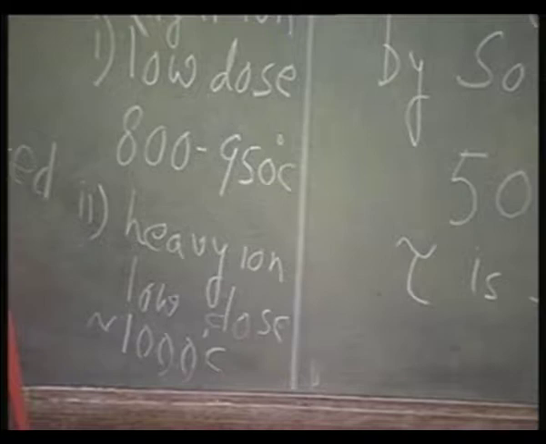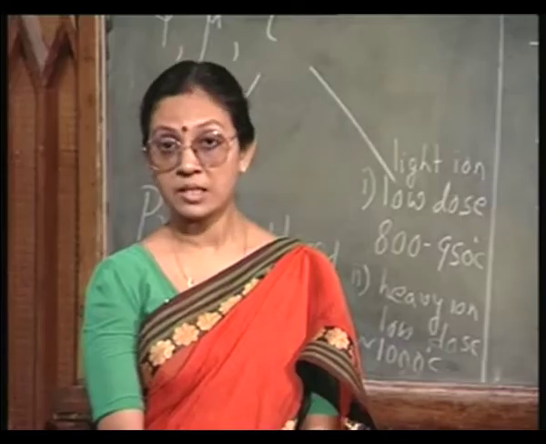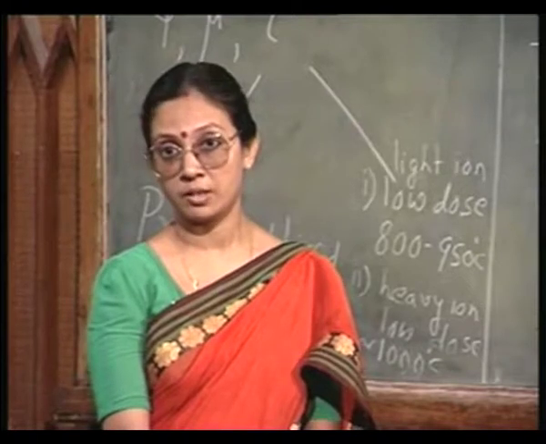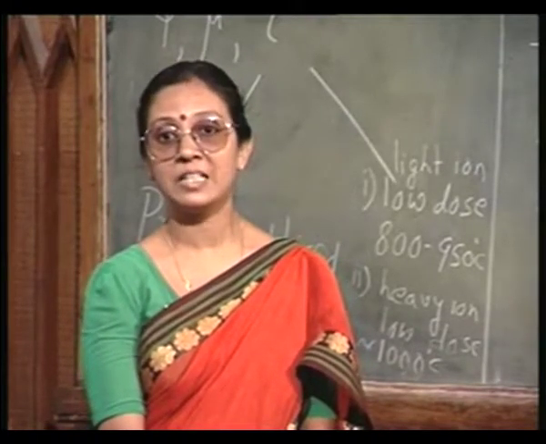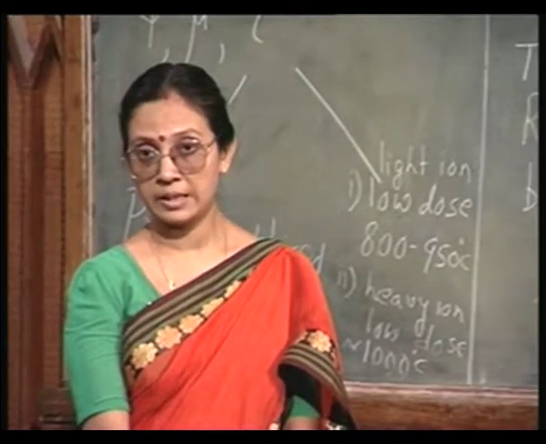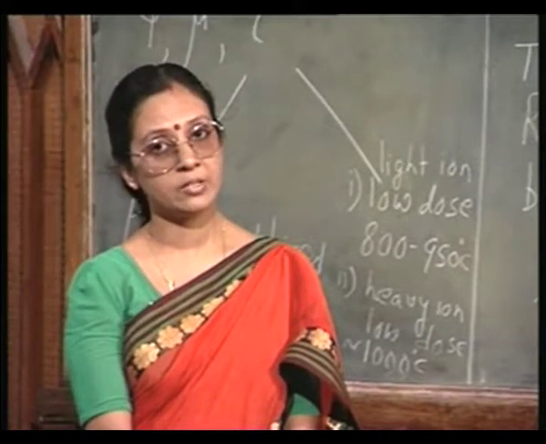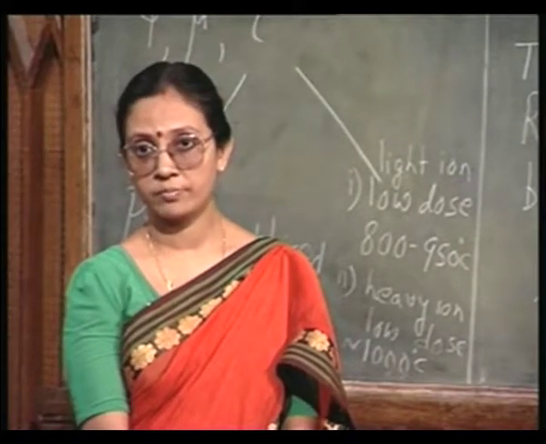But if you have heavy ion in high dose and still it is not pre-amorphized, that is, the dose is not high enough to make it pre-amorphized, then you have a problem. It will be very difficult to get full activation.